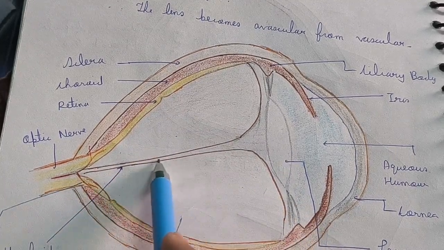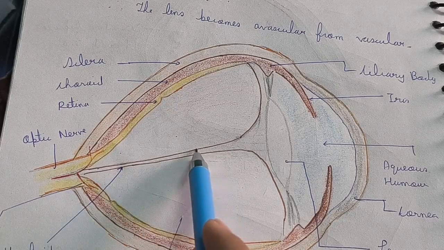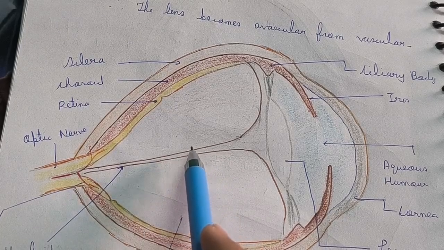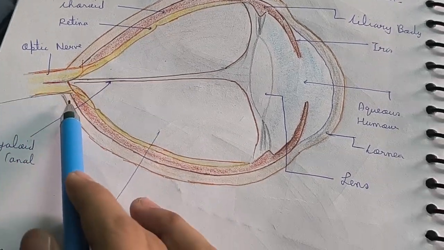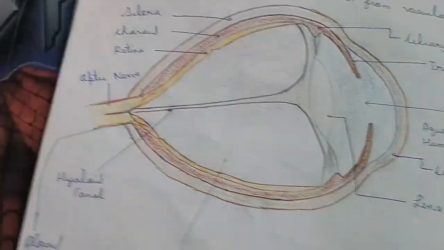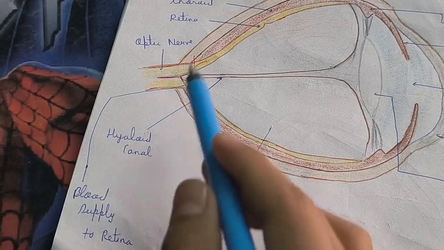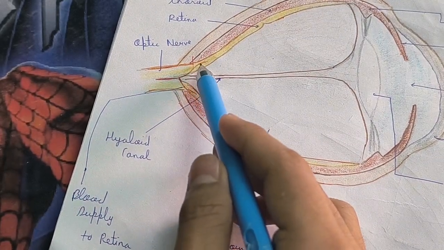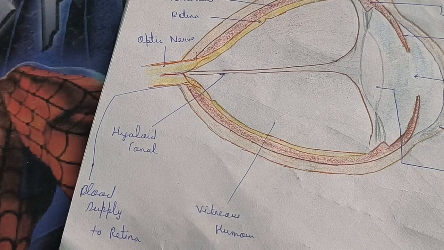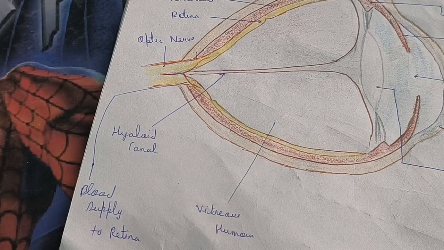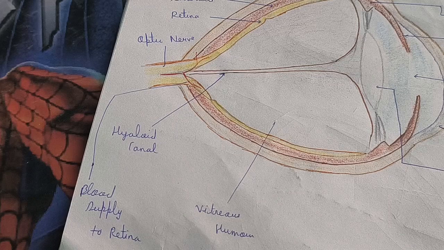Now this is the hyaloid canal, which basically persists. Here the hyaloid artery disappears, but other blood vessels which are supplying blood to the eye retain. So the blood vessels supplying blood to the retina are retained. Therefore the central vein and central artery of the retina form, and they are found in the adult eye also.